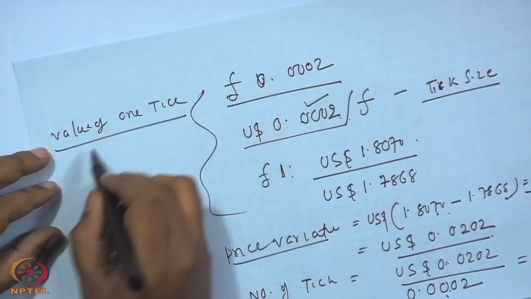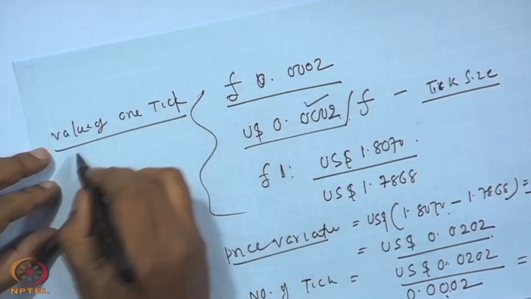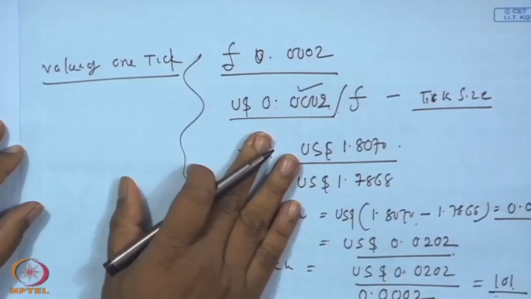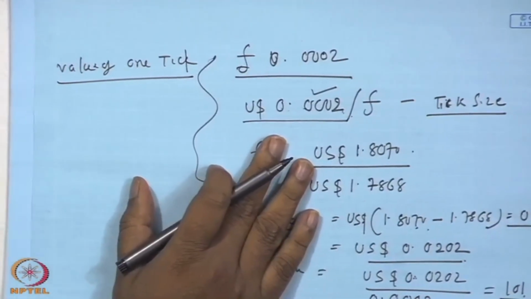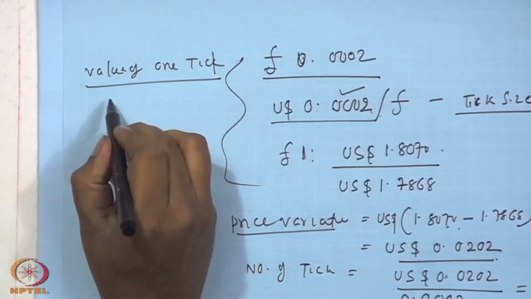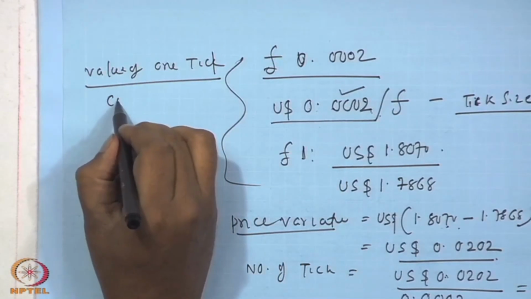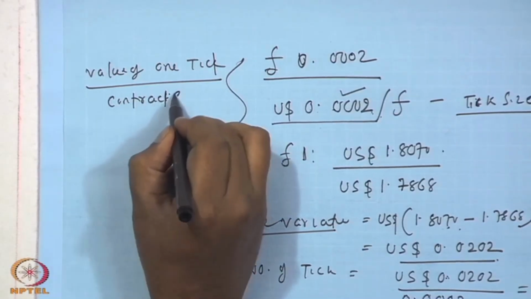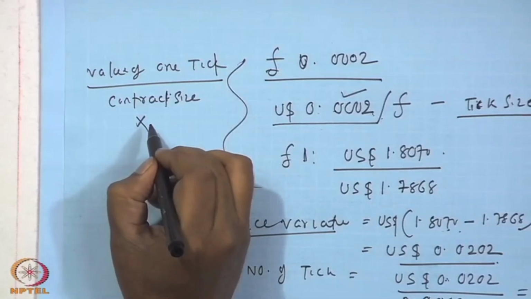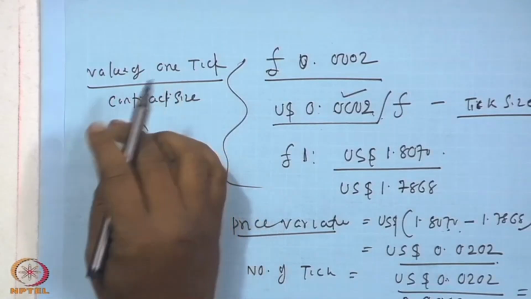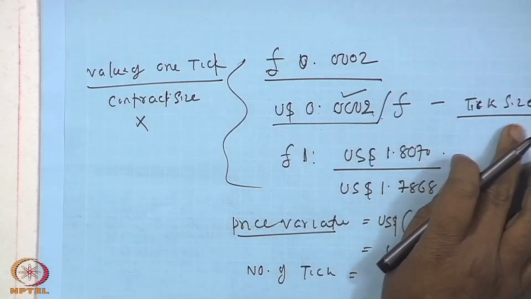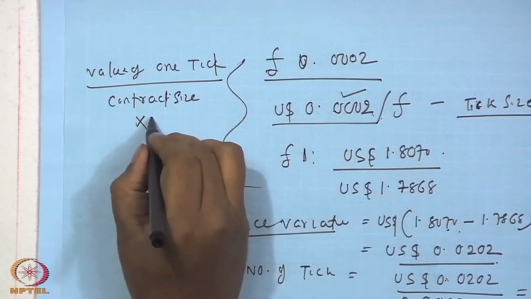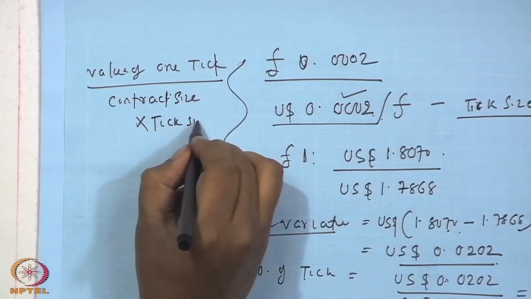The value of one tick is nothing but the contract size into the tick size.